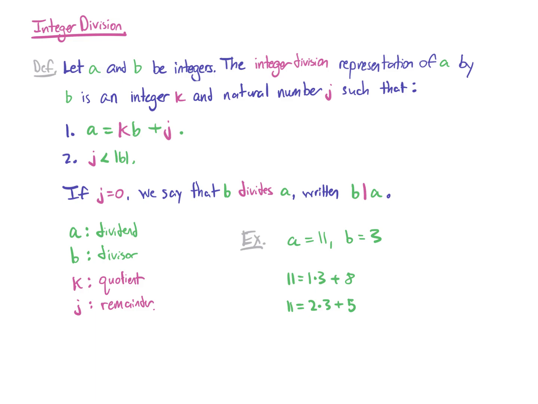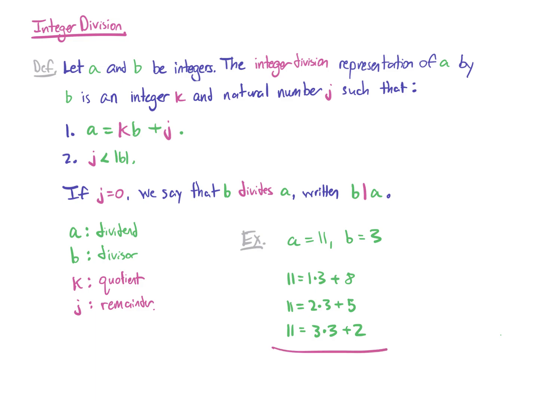There's only one integer division representation of 11 that also satisfies this second condition, and that is 11 equals 3 times 3 plus 2. We can check: 2 is less than b, so b here is 3, so 2 is less than 3 in absolute value, so I'm good.